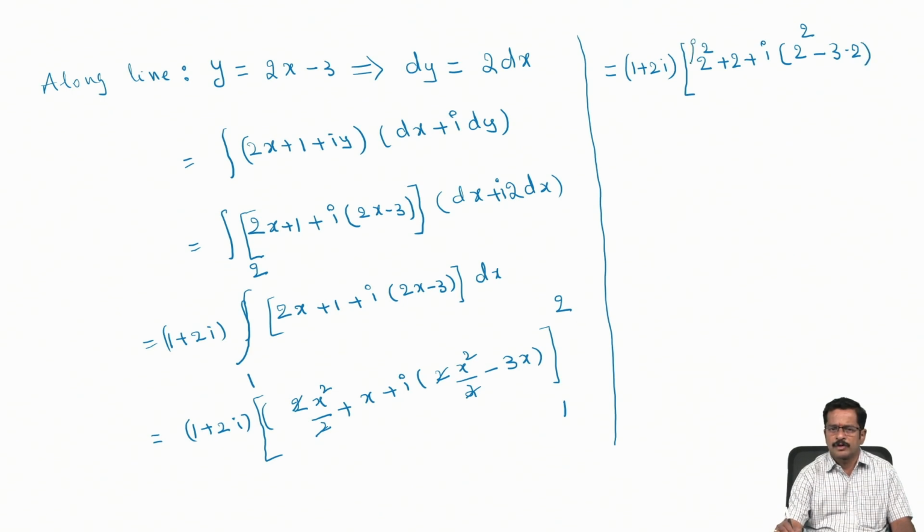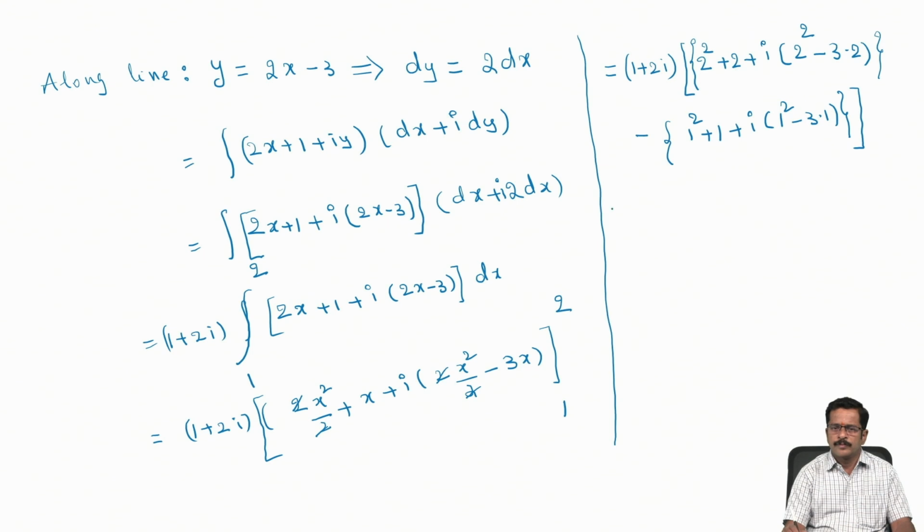Minus the lower limit: 1 square plus 1 plus i into (1 square minus 3 into 1). Close the big bracket.